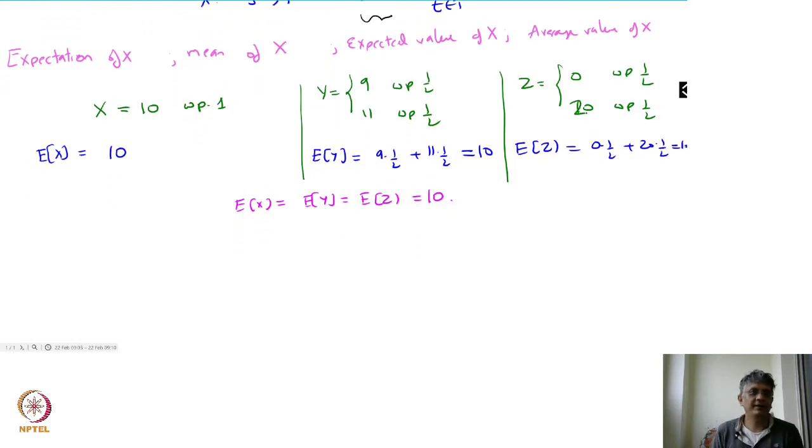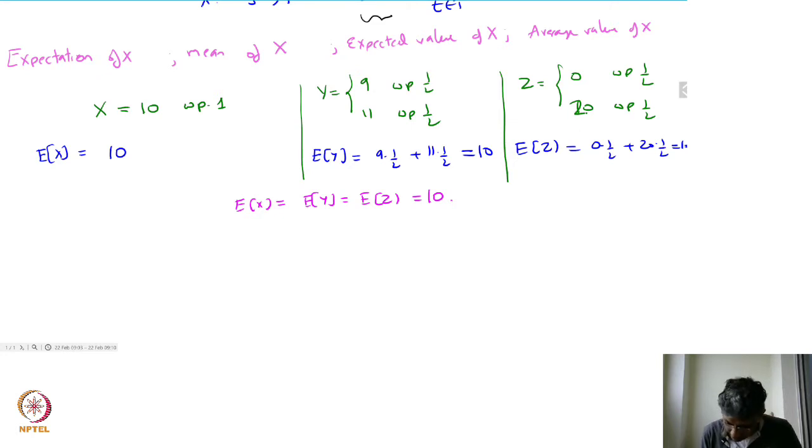Now let me try and tell you how to understand this. X is always 10. Y is equidistant from 10, very close to 10 on either side. Z is a little farther away from 10 on either side, but equally far on both sides. Somehow they're all giving you an average of 10.